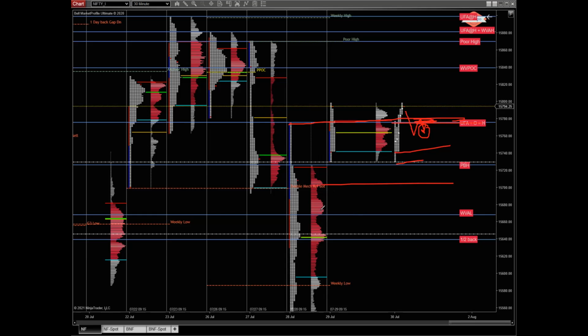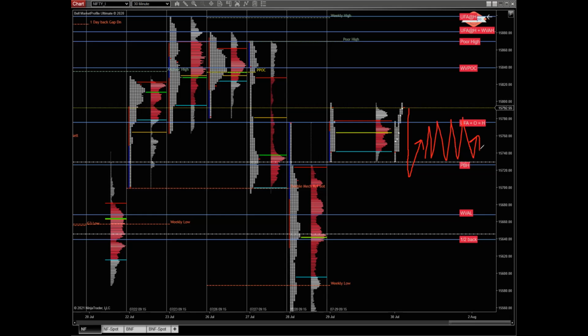We also have got multiple HVNs here. Let's see whether that happens. And today being an expiry day, there are odds that it just rejects this, and then we might see a bounce back. So a sort of balancing day profile can also be formed.